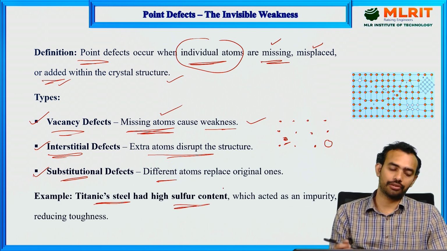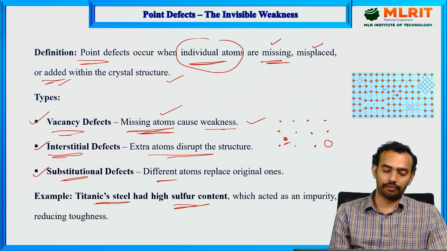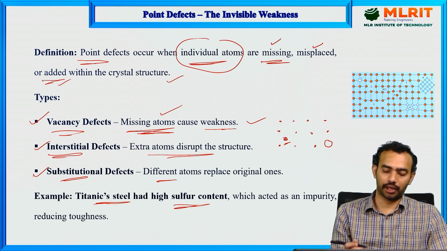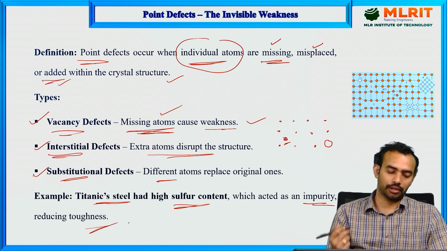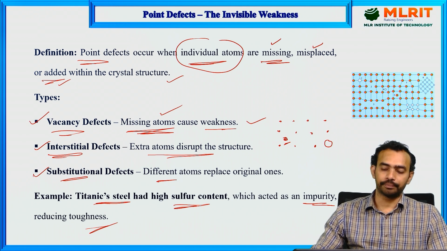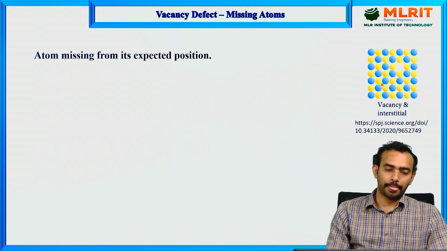This addition of extra sulfur atoms is considered a point defect. Such additions are carefully considered, but the content was observed to be more, which caused a reduction in toughness and so reduced its impact strength as well.